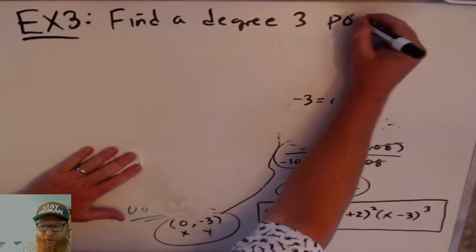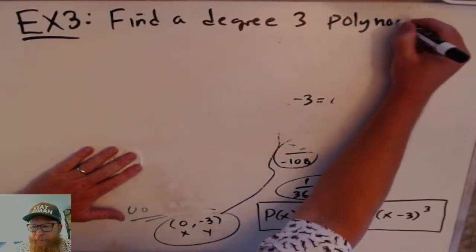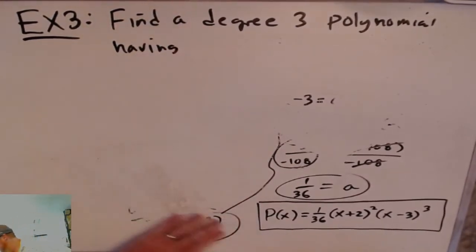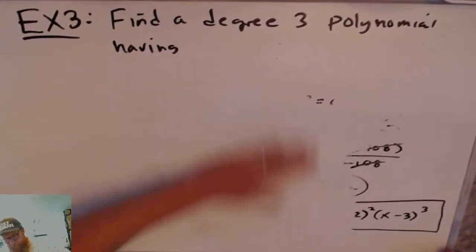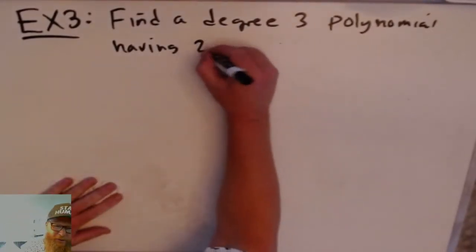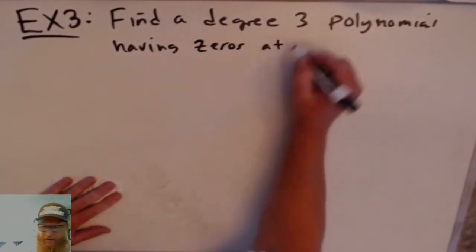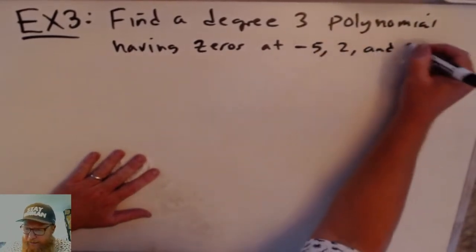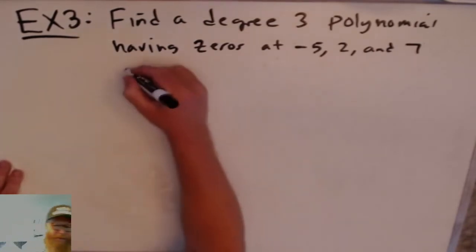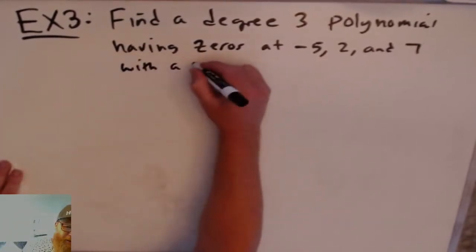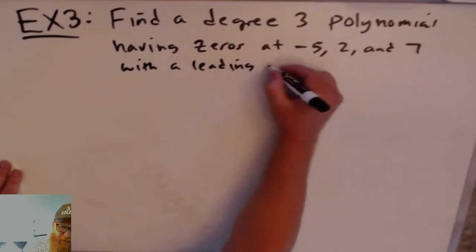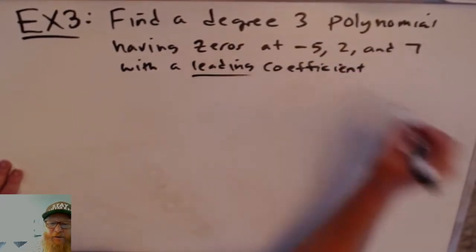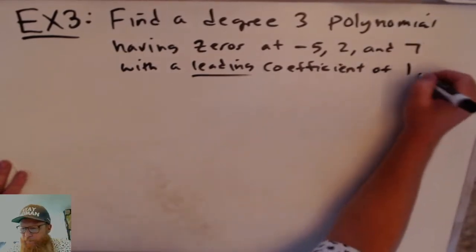Find a degree 3 polynomial having zeros at -5, 2, and 7 with a leading coefficient, that's that A, also known as the leader, of 1.